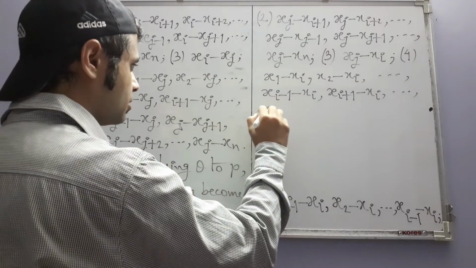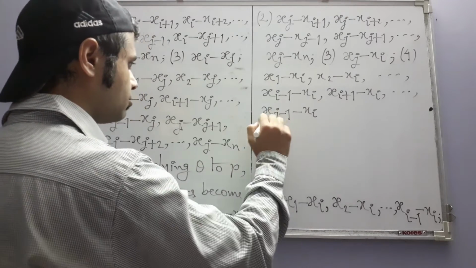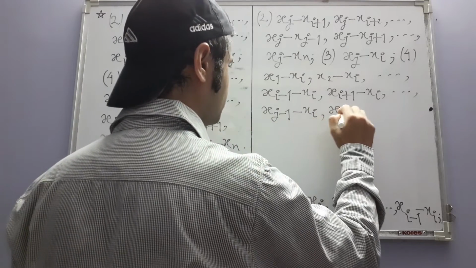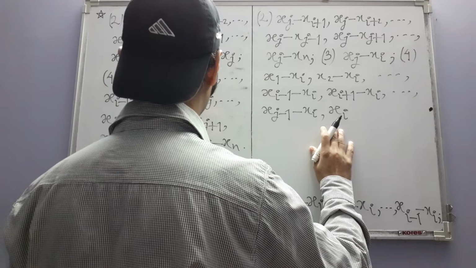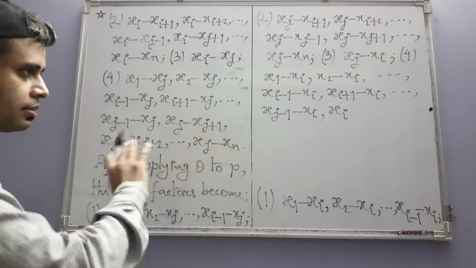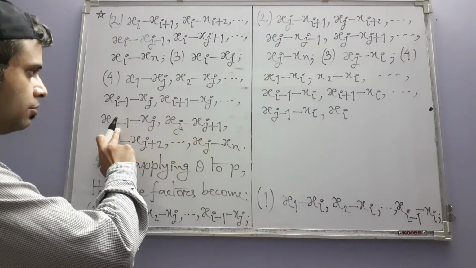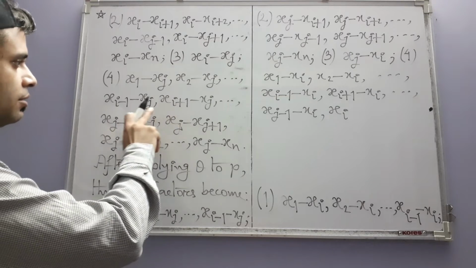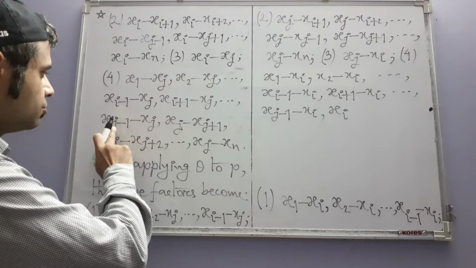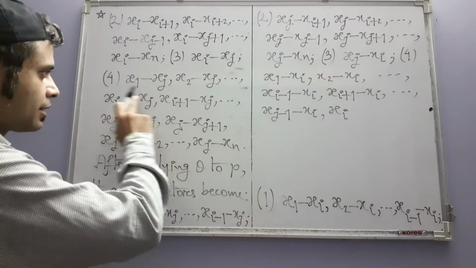At this stage we get xj minus 1 minus xi, again don't change this j to i, and then xj minus xi. Then here something else is happening, because you see what happens here. We started varying the suffix from 1 through j minus 1. So all of them were less than j, so the factors look like this.